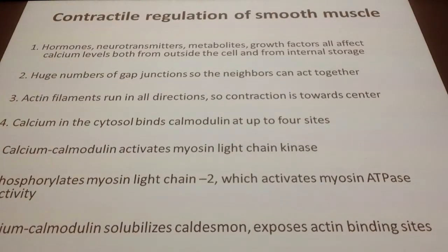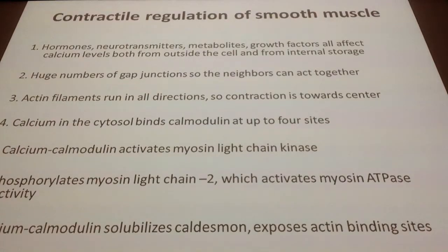The reason why smooth muscle cells have graded contraction instead of all or nothing is because the number of calcium ion channels in either the ER or sarcoplasmic reticulum membrane or the plasma membrane are variable. The number of channels that are open depends on how strong the signal is. And how many are open regulates the amount of calcium ions that are actually in the cytosol.